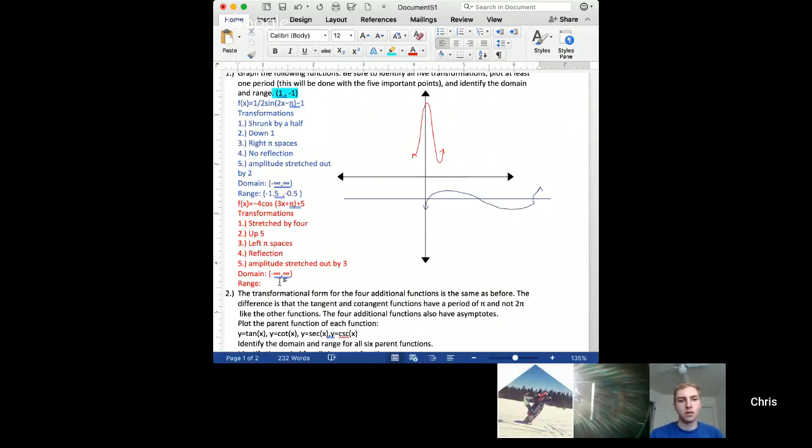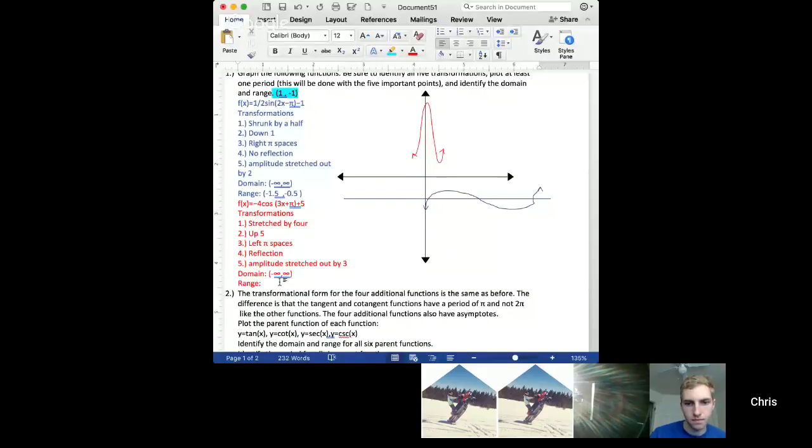Okay, now for the range. The nasty part. They're going to both be positive this time. We know that for sure. So it's normally a space of 2, but it's multiplied by 4, so I'm guessing it'd be a difference of 8.